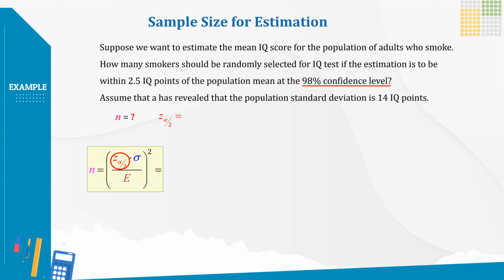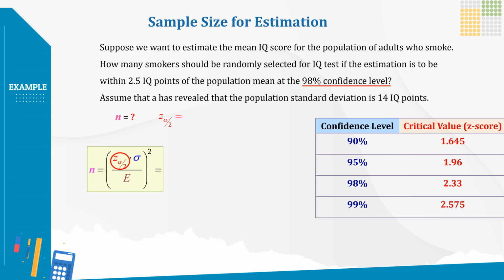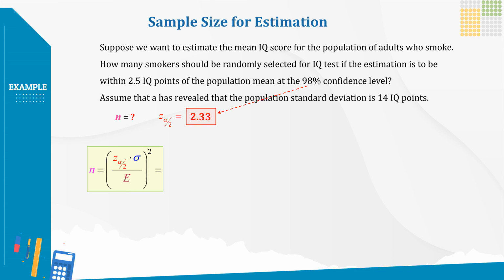Let's take a look at the table again, or you can use a Z table to find out the value. 98% confidence level corresponds to 2.33 Z-score. So we use 2.33 as a critical value.